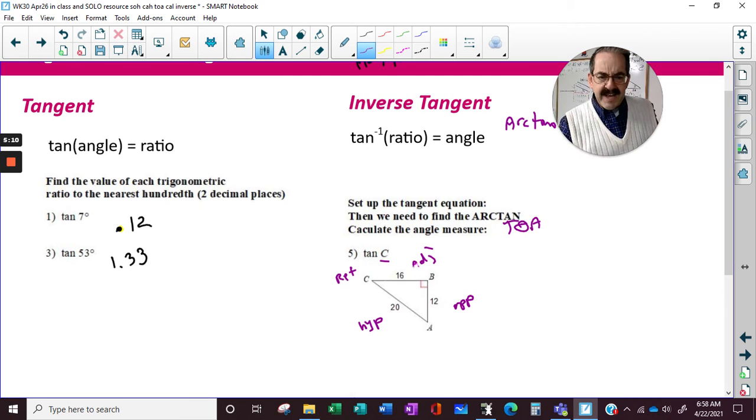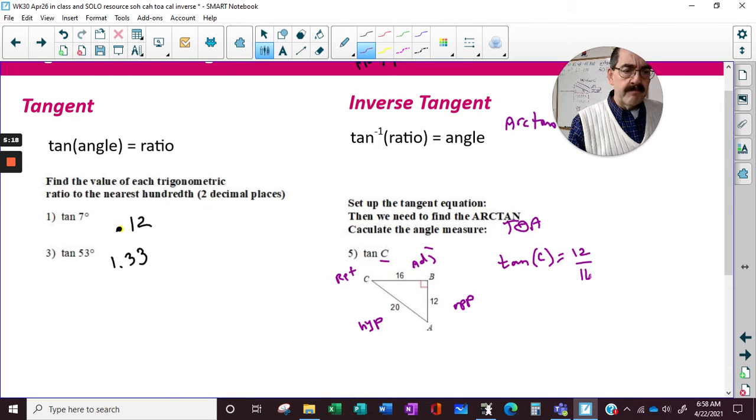Okay, the tangent of C is equal to 12 over 16. Okay, everybody write that. All right. We need to find C. We need to find this angle right here. Question mark. Well, we need to get into the letter C.